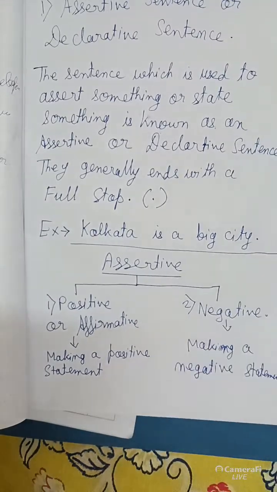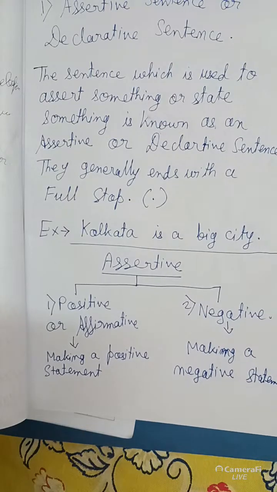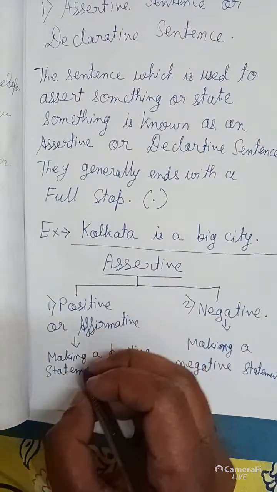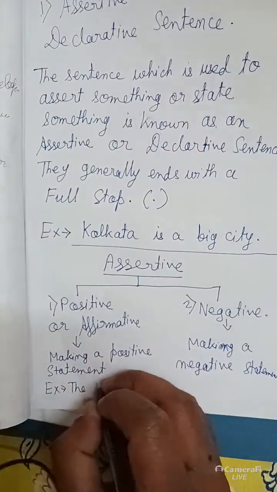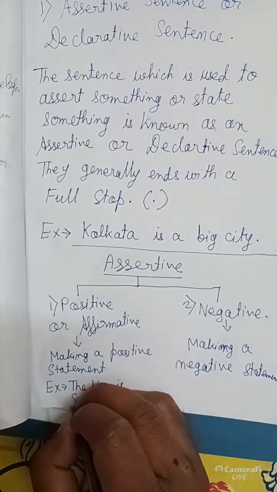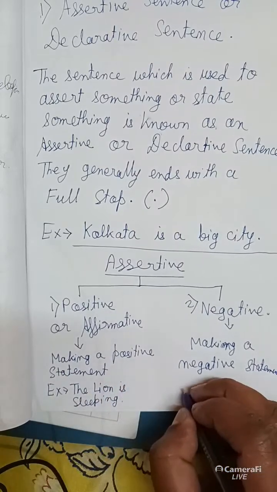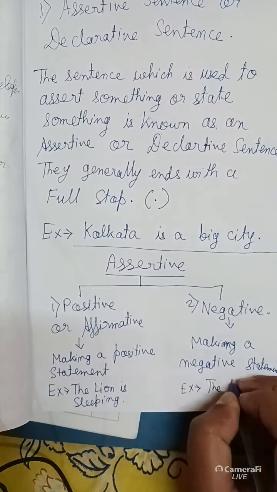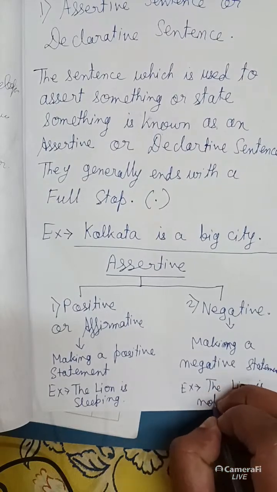So, what are the examples? Examples we can say: the lion is sleeping. In negative we can say, the lion is not sleeping.